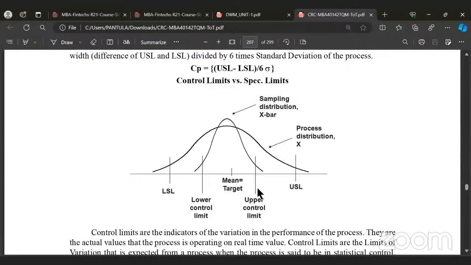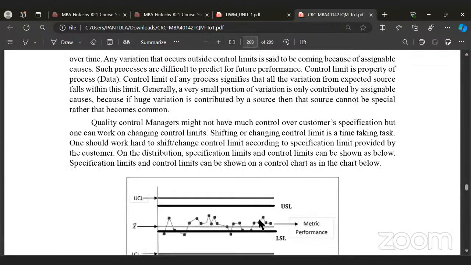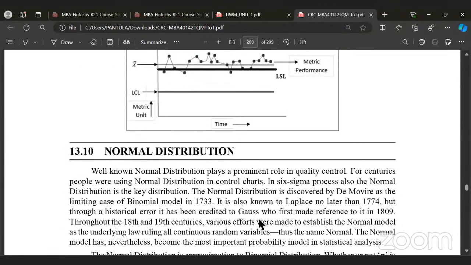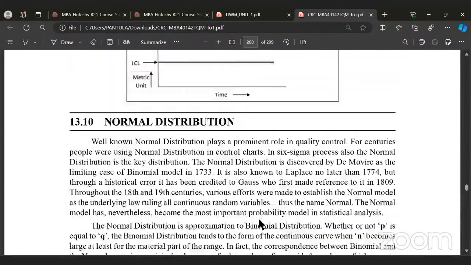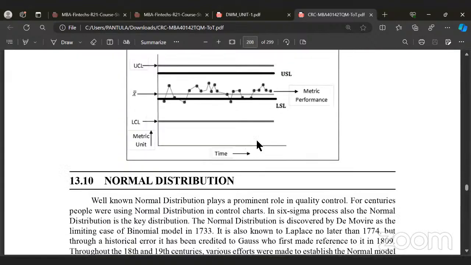LCL and UCL mean lower control limit and upper control limit. This is the table. X, UCL, and metric performance. You can see defects. It's going to be used.